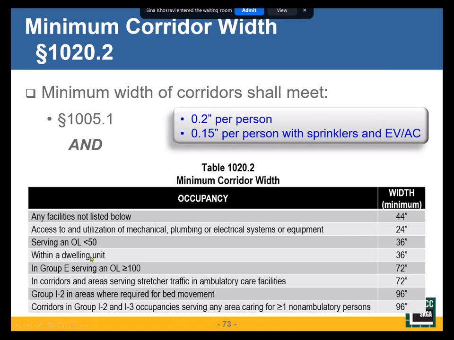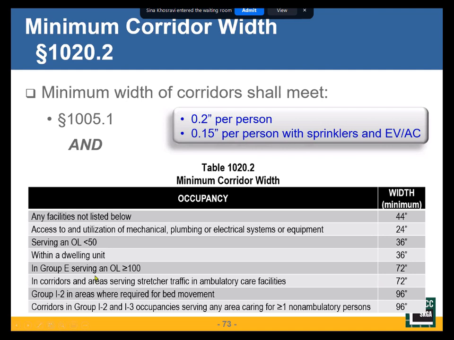So what does this table say? Basically says the two most commonly used ones, serving an occupant load less than 50, 36 inches. Everything not listed below, 44 inches. So there are some specific examples in here.